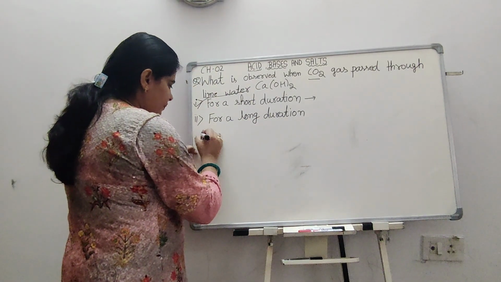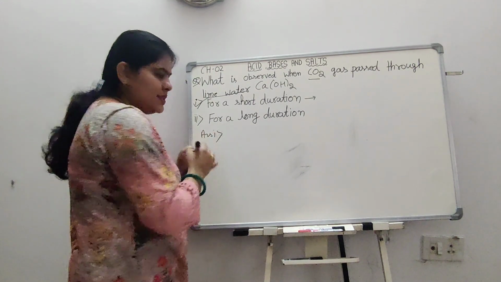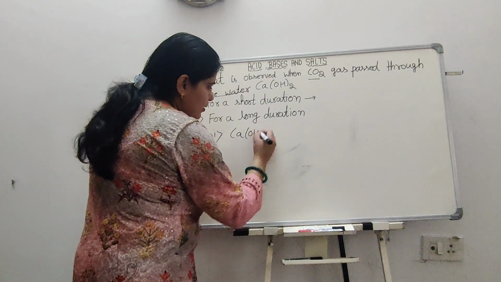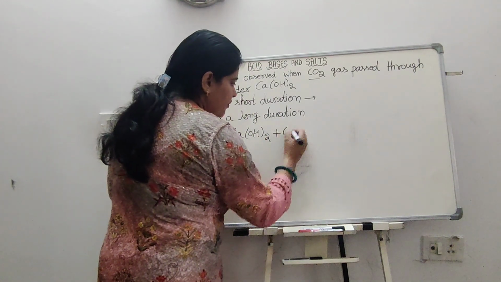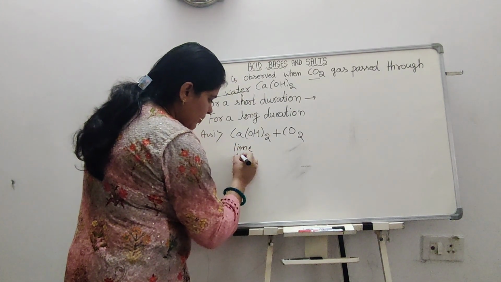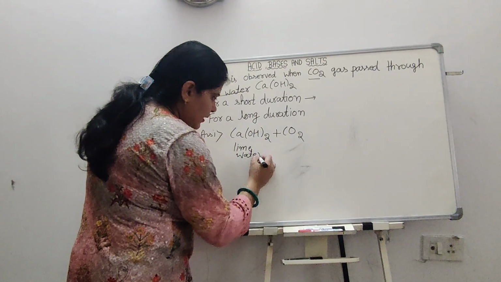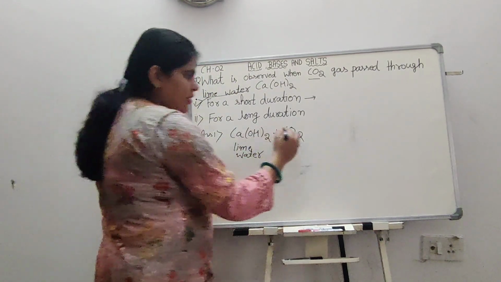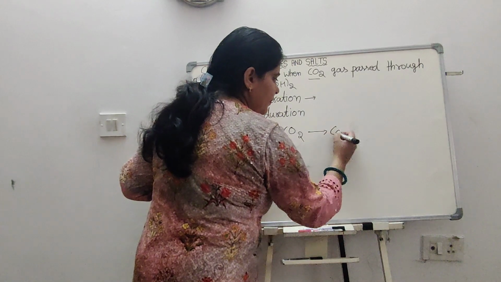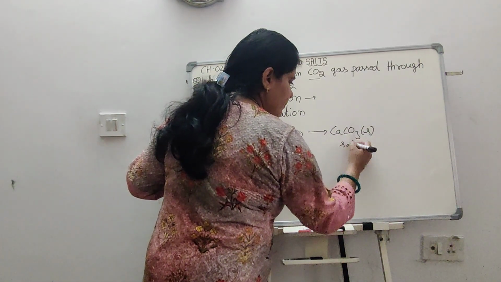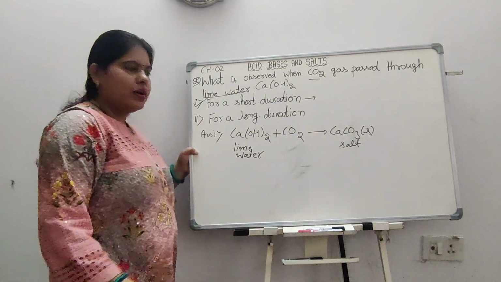First, when you pass carbon dioxide gas to lime water, that is, to calcium hydroxide, it will form CaCO3, salt, and water.